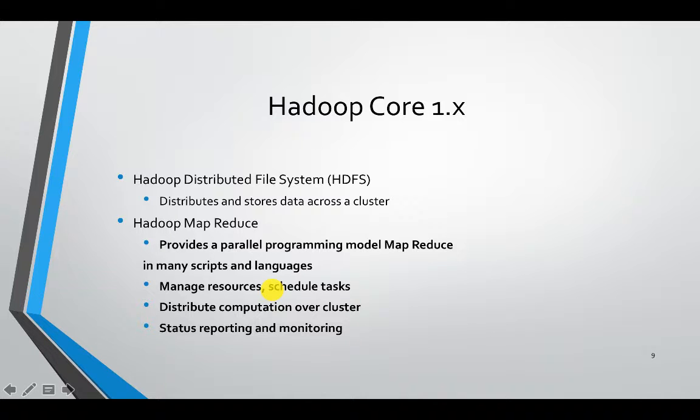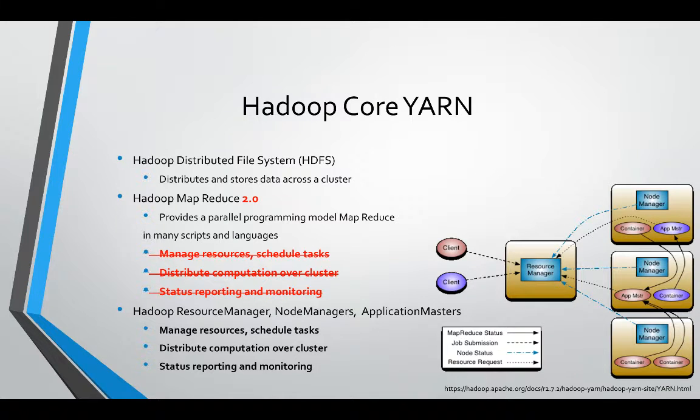But this has changed, because in the new version of Hadoop, the part related to the management of the resources has been decoupled, detached. So we have here the Hadoop Distributed File System, which remains as it is, and we have a new Hadoop MapReduce that provides the parallel programming model and allows developers to prepare scripts and languages for MapReduce.